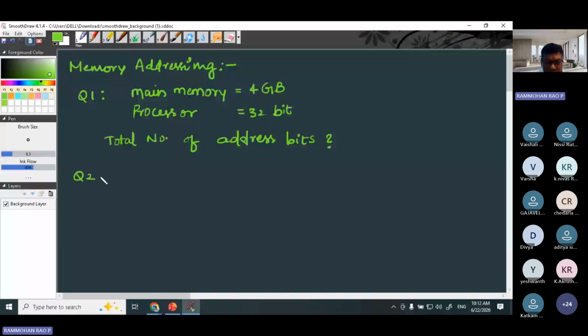And question number two, my main memory is 16 GB and my processor capacity is 64-bit. So again, how many total address bits do I need? I have to calculate.